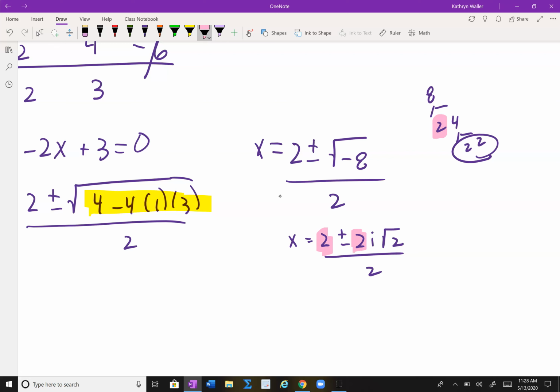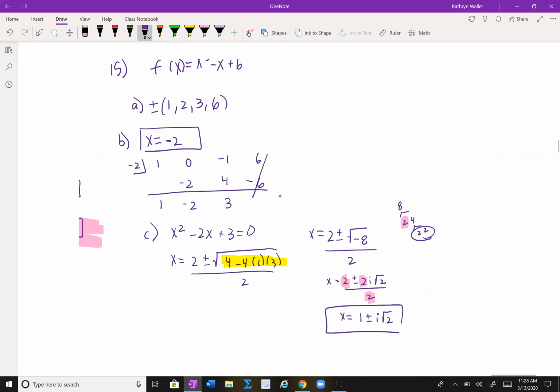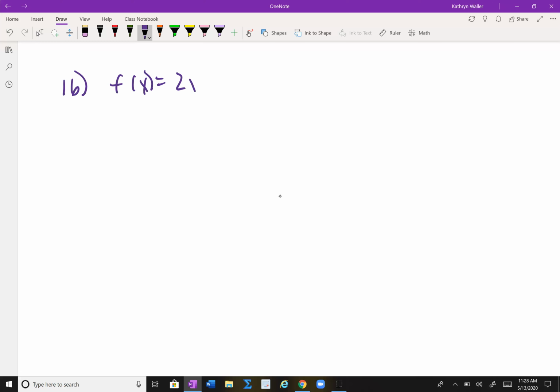Now if you look there, there, and there, 2 goes into everything, so you can reduce. So you have 1 plus or minus i square root of 2 all over 1, which doesn't change anything. Okay? All right, that was 15. So here's 16. So 16 is the same type of problem.